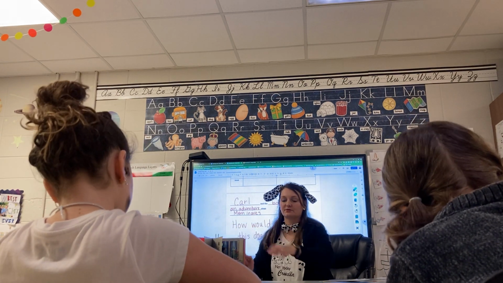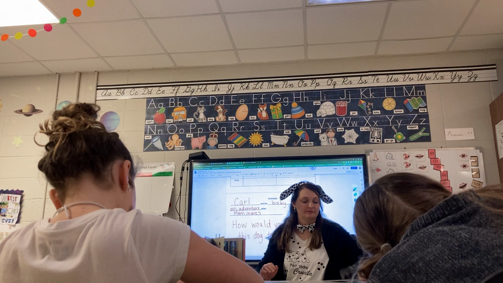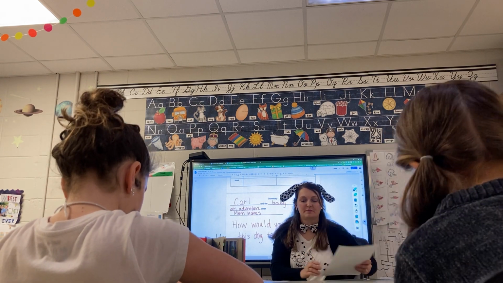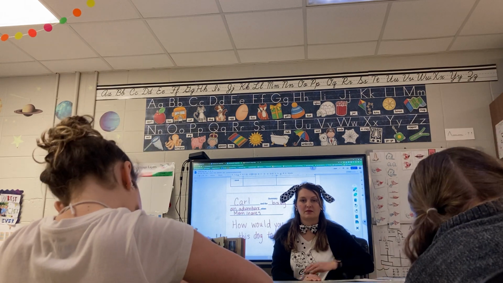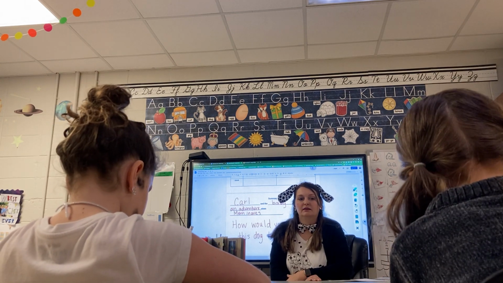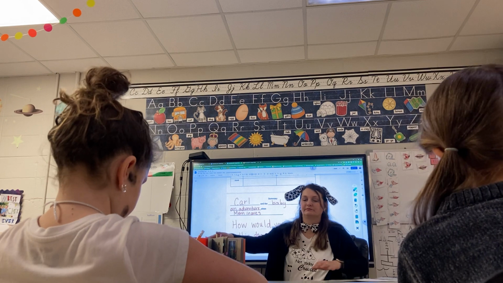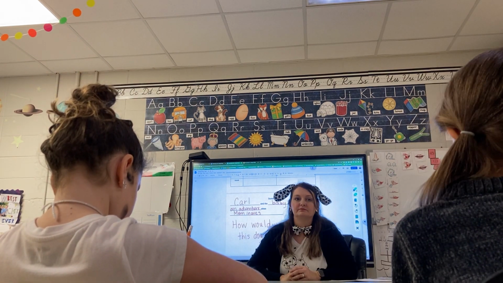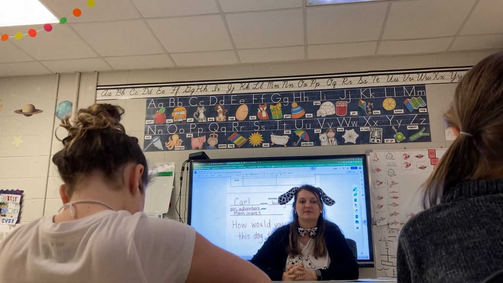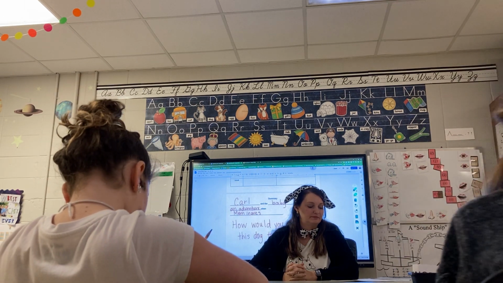Let's use our sentence rules. Make sure you have your capital letter and your punctuation. How are they the same and different?